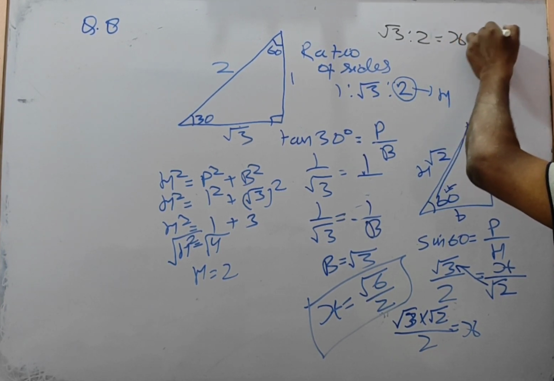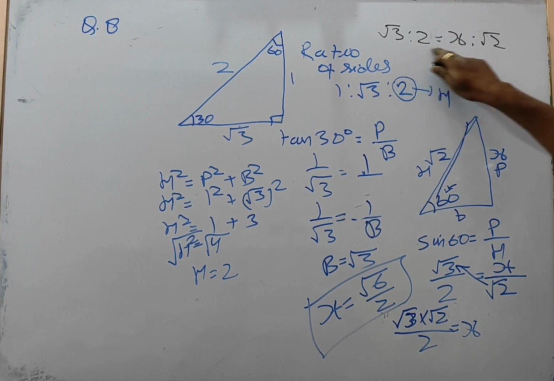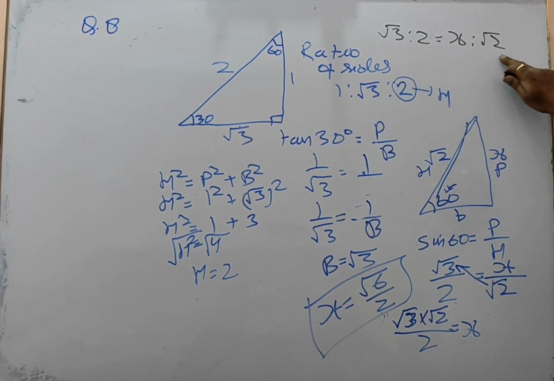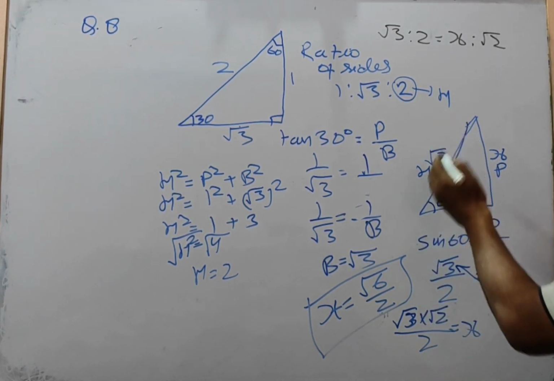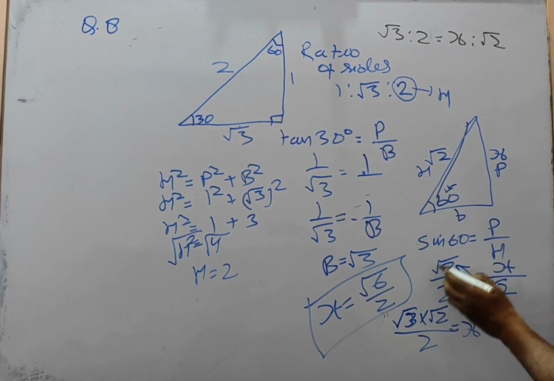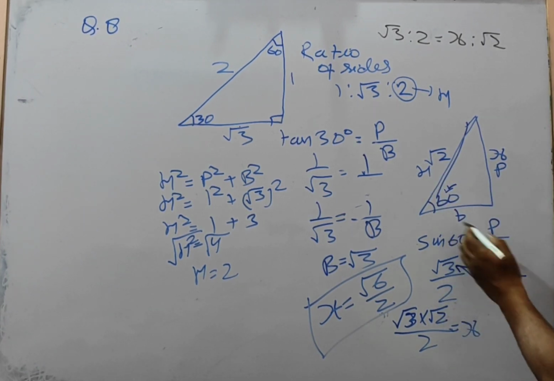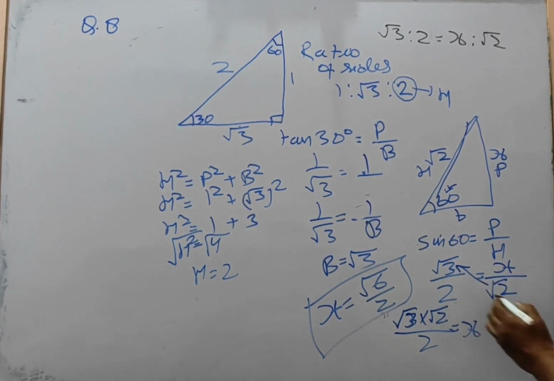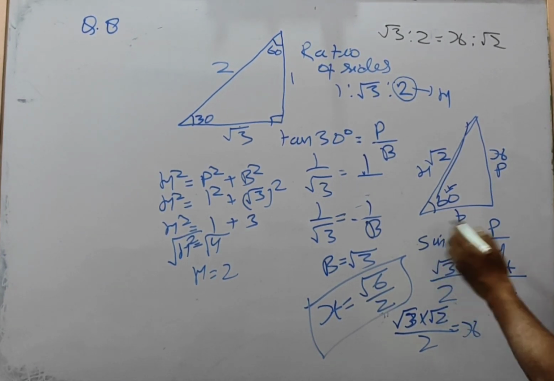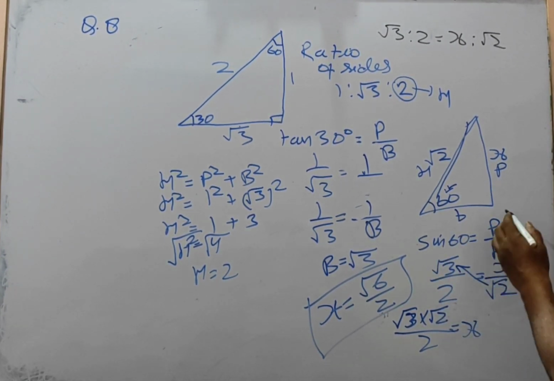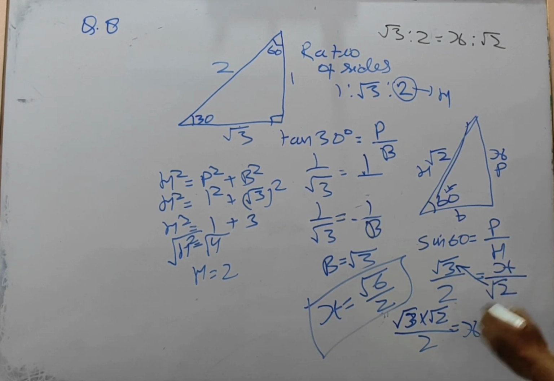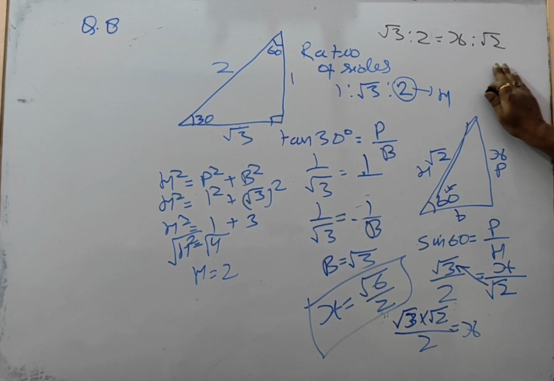This is the ratio, right? You can see that on the top. Similarly, we do that. From where do we get this ratio? We get the ratio by using sine 60 is equal to perpendicular upon hypotenuse. They are directly coming to this.